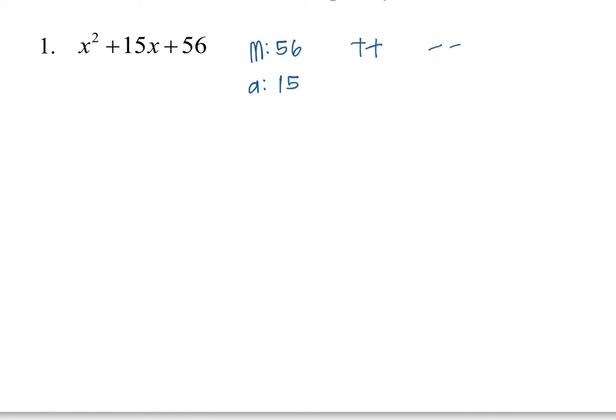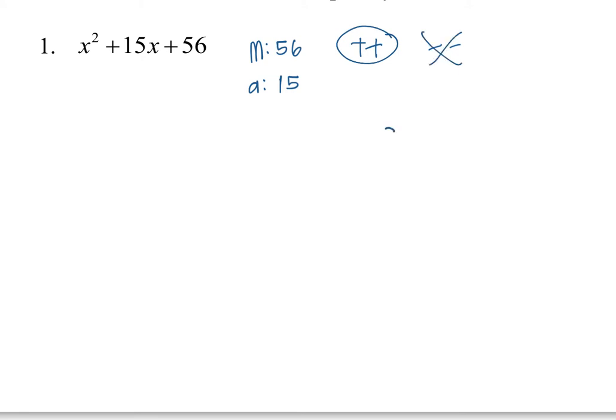But since the two things you're multiplying to get a positive 56 also have to add to give you a positive number, both of your signs are going to be positive instead of both being negative.